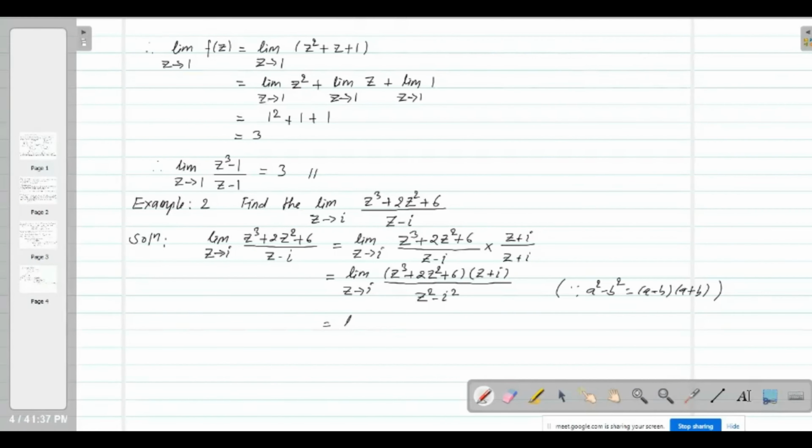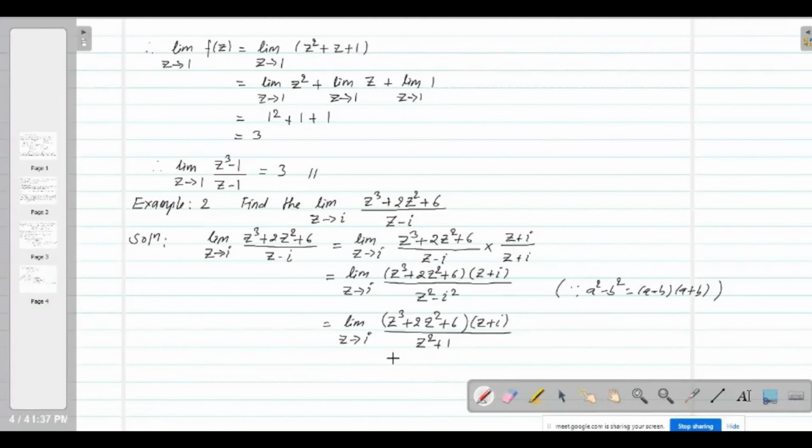So limit z tending to i of (z cubed plus 2 times z squared plus 6), we write here as it is, and z plus i, and divided by z squared minus i squared. Since i squared is minus 1, this is plus. So this is z squared plus 1.